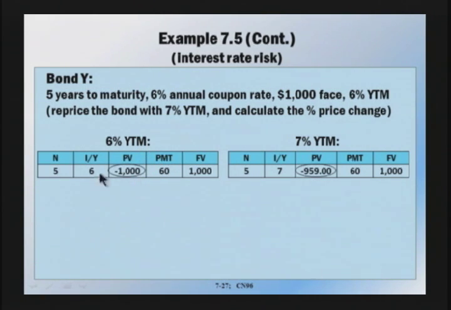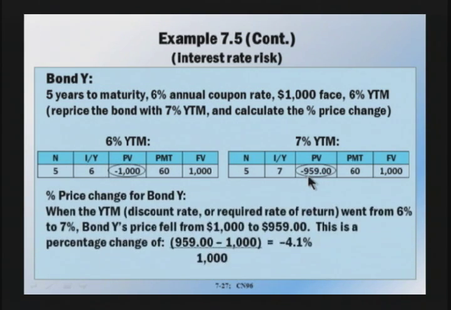On this 5-year bond, if the yield goes from 6 to 7%, its price falls to $959. It did not fall that far. It fell $41 in value, so it lost 4.1% of its value when the yield moved from 6 up to 7%. Now, compare that to the 10-year bond X that lost a little over 7% of its value. 5-year bond Y only lost 4% of its value.